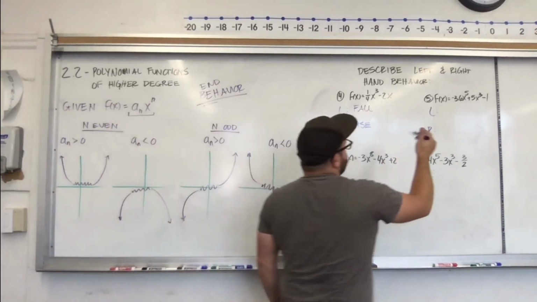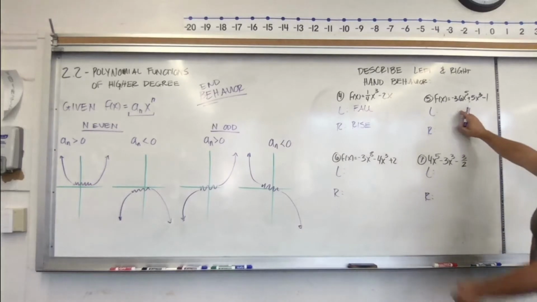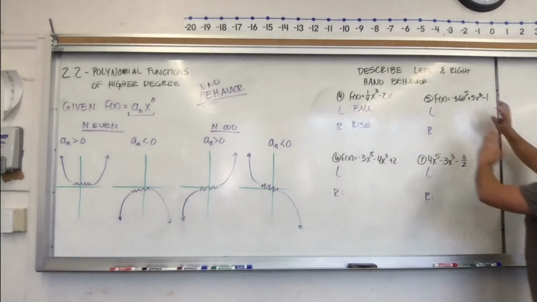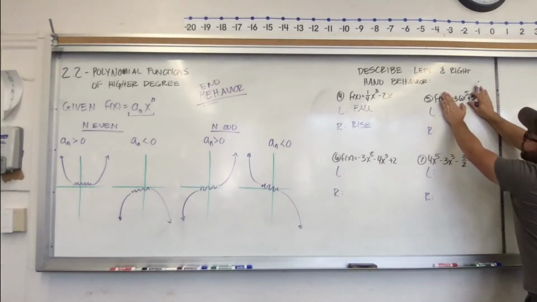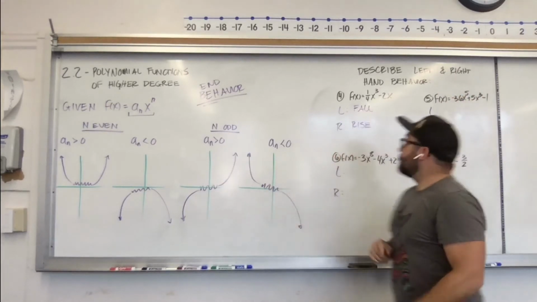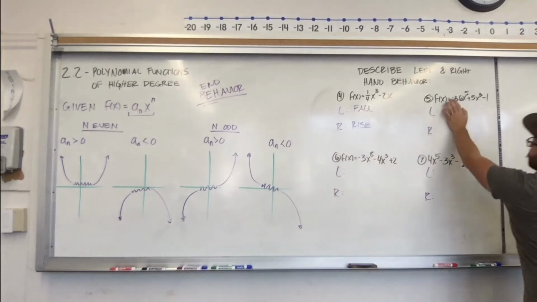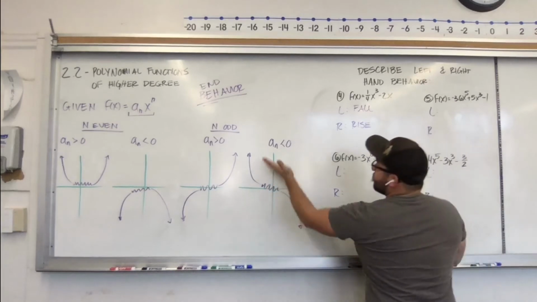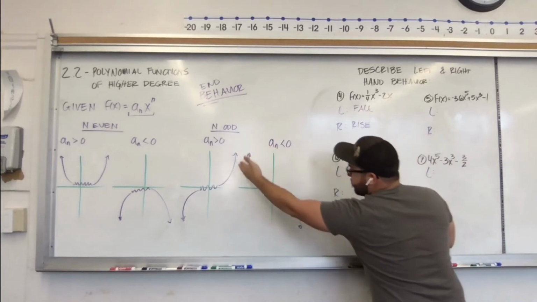Now we'll do number 5. Number 5 has three terms, but we're only concerned about the leading term. It's x to the 5th, so again, we're dealing with something odd, one of these two cases. But if you look closely, there's a negative on that leading coefficient, which has us dealing with this fourth case.